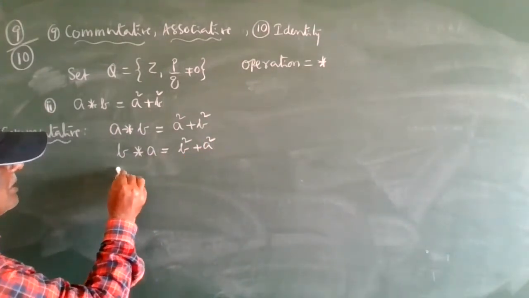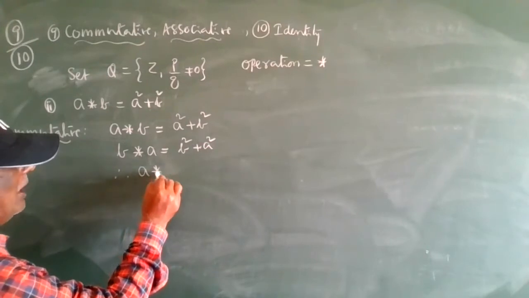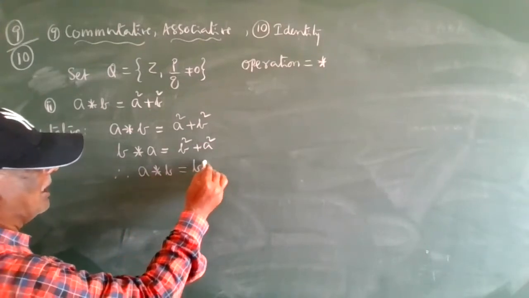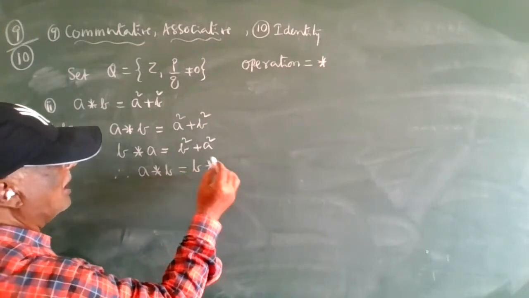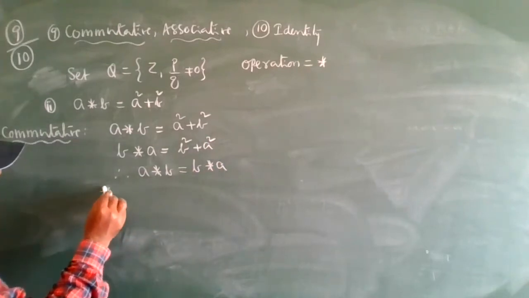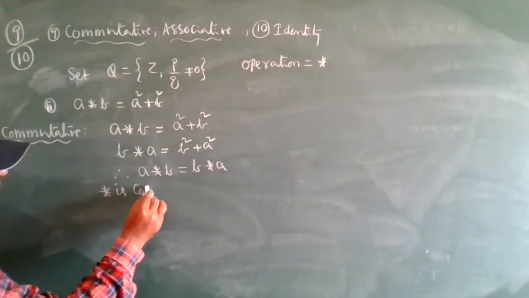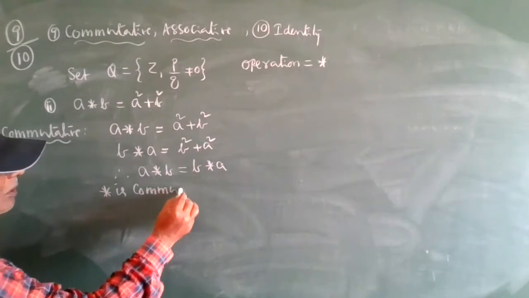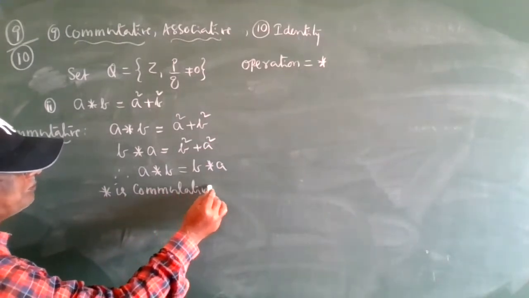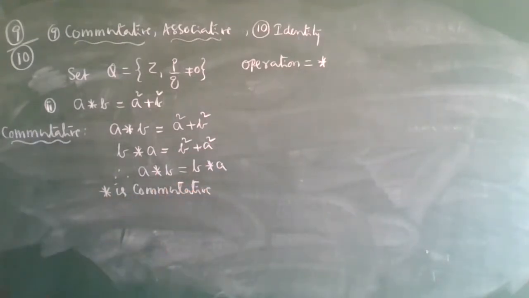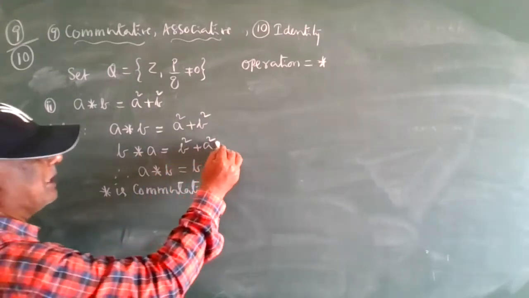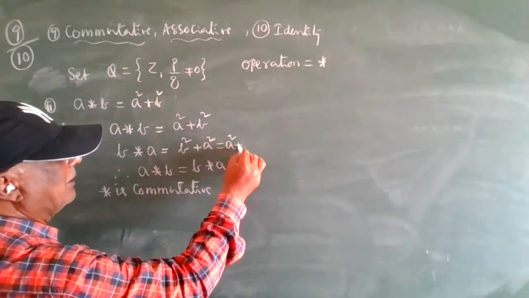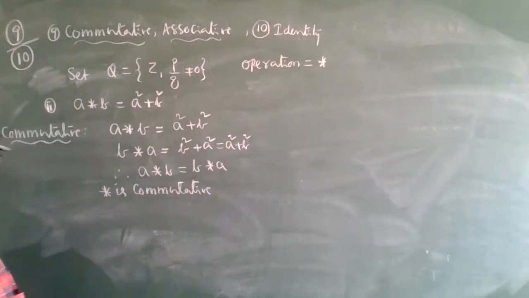Therefore, A star B is equal to B star A. So star is commutative. Okay, both are the same, commutative.